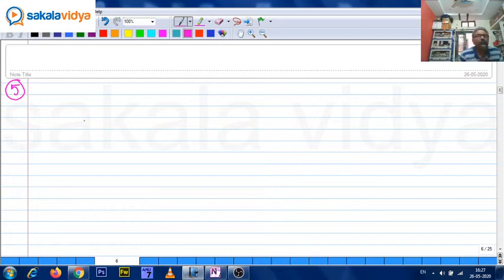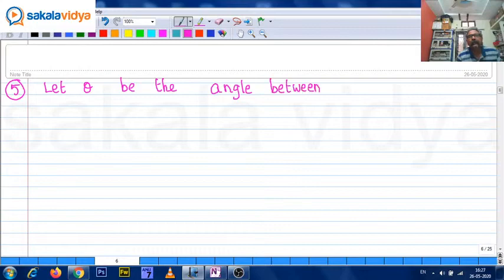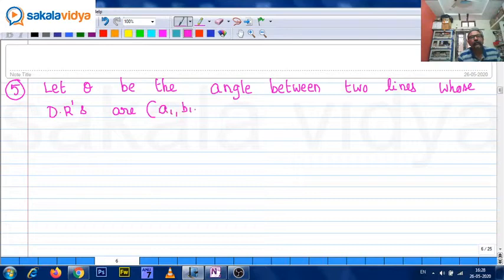Let theta be the angle between two lines whose DRs are A1, B1, C1 and A2, B2, C2.